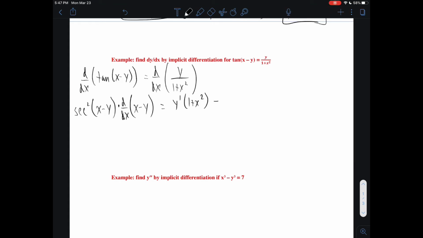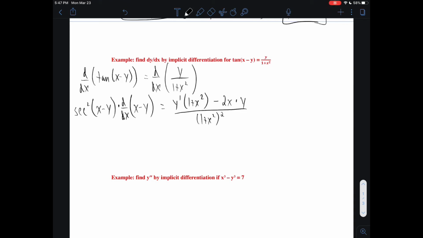The derivative of 1 plus x squared: the derivative of 1 is 0, the derivative of x squared is 2x. That's the derivative of the denominator, and then we have to multiply that by the numerator. And then we divide this by the denominator squared.